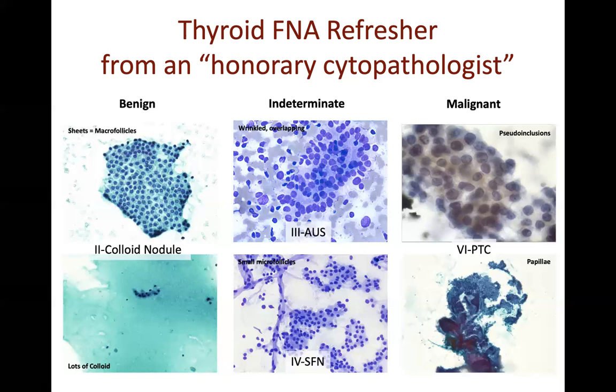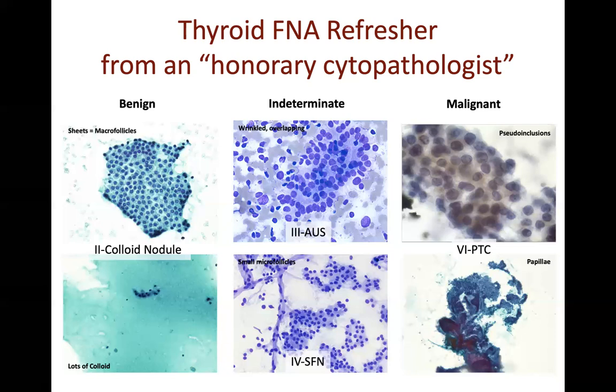I'm happy to show you guys some core biopsies, but the nuclear features are very difficult to interpret, and there's a lot of artifact. If you're trying to make a diagnosis of PTC and you want to find an inclusion, there are a lot of artifactual vacuoles that resemble inclusions. It's very hard to convince yourself sometimes that it could be a real inclusion. So that's why.